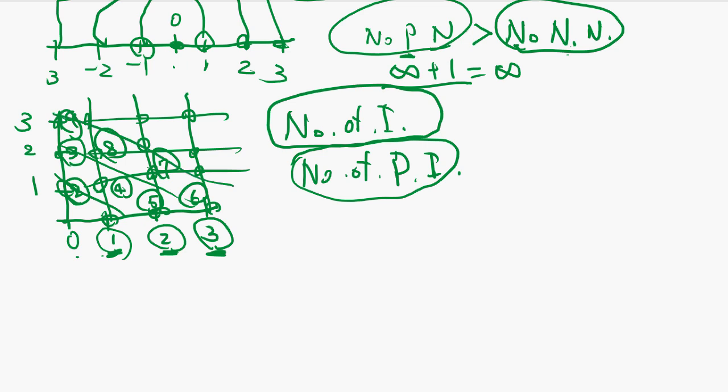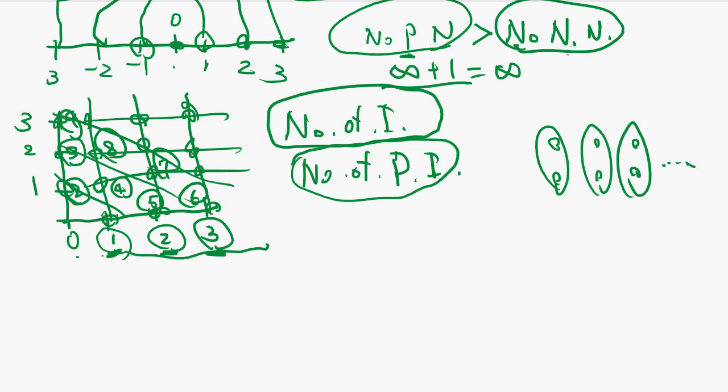Then every intersection corresponds to an integer. Is that fair to do? Well, according to the comparison principle, if you can make a one-to-one correspondence, then it should be the same number, right?